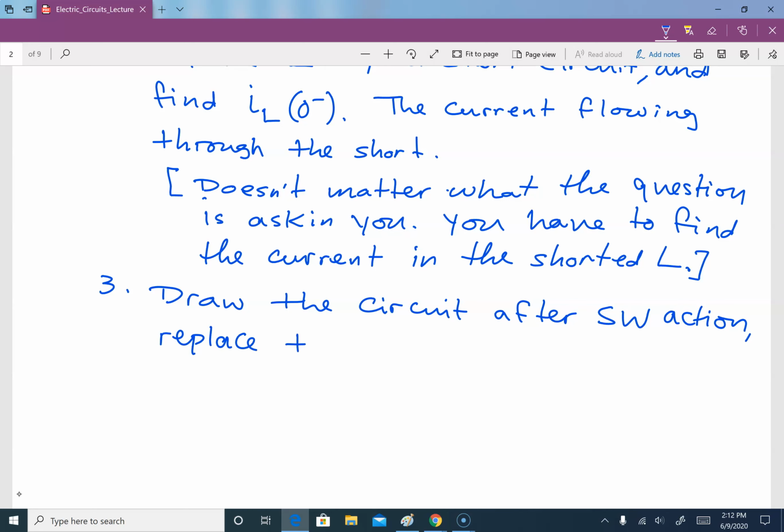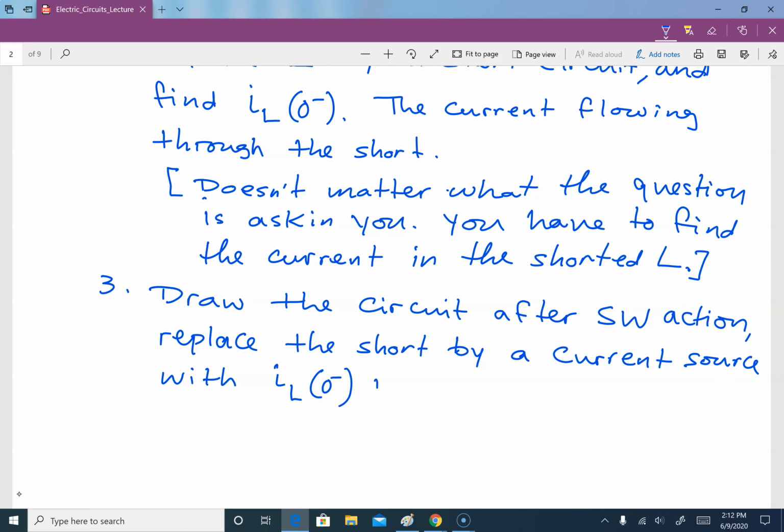Replace the short by a current source with IL of 0 minus value, and that is because IL of 0 plus is equal to IL of 0 minus.